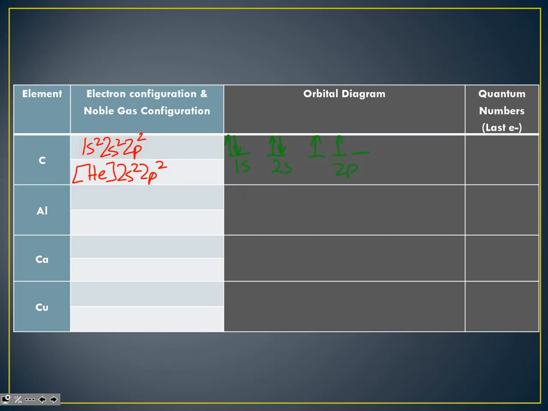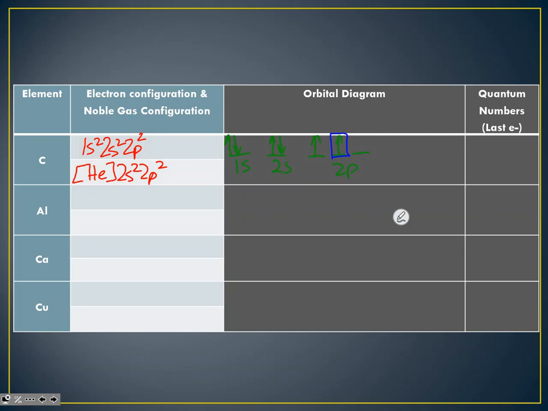Okay, now for the quantum numbers, we want to assign it to the last electron to fill in the orbital diagram. So the last electron to fill is going to be this one, right? Last one that you put in the orbital diagram.